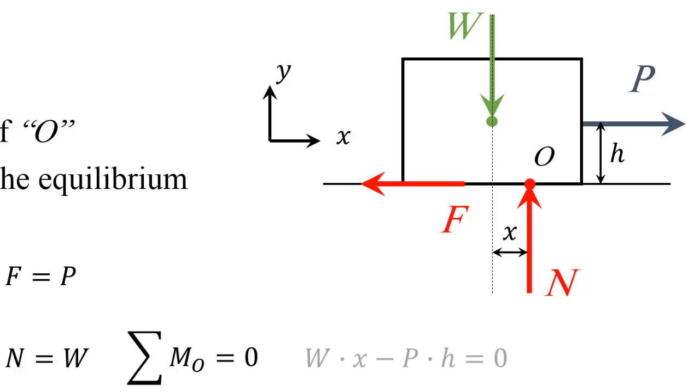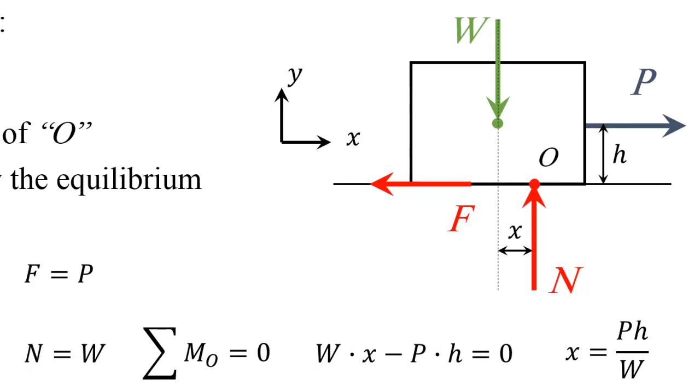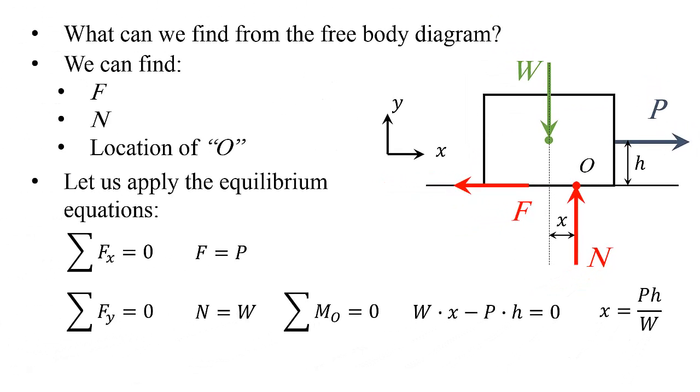If I do this, I will say W multiplied by x minus P multiplied by h equals 0, and I can solve for x, which is the location of point O, to be P h over W. Alright, by just applying the equilibrium equations, I was able to find the value of F, the value of N, and the location of point O.